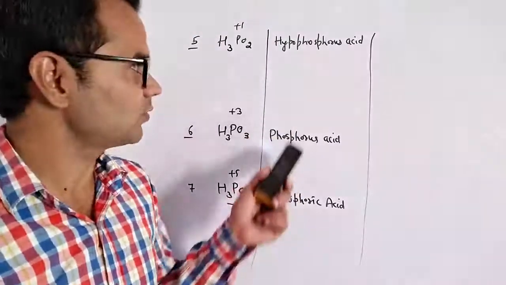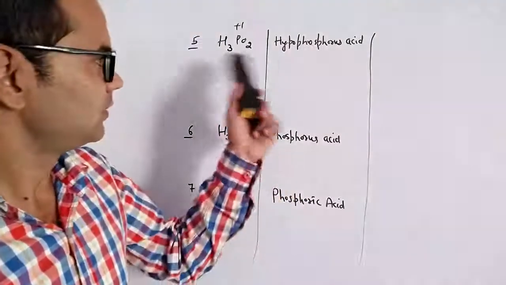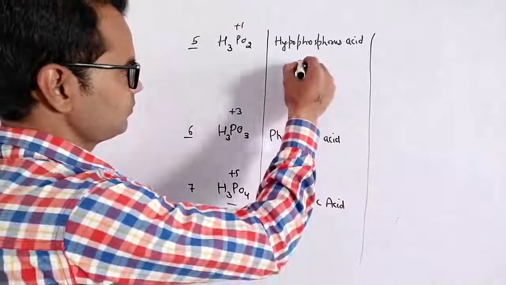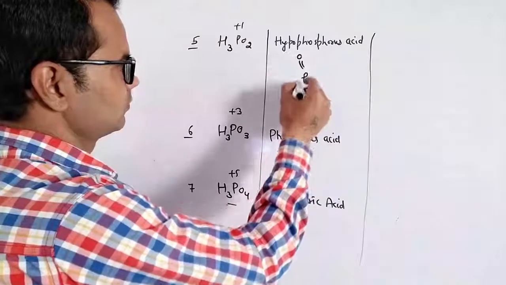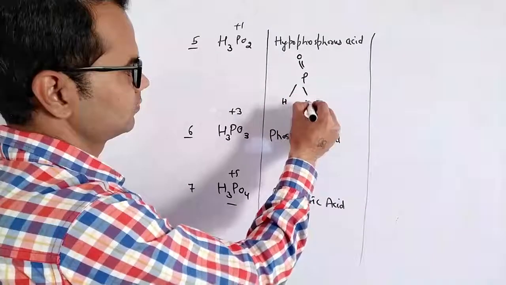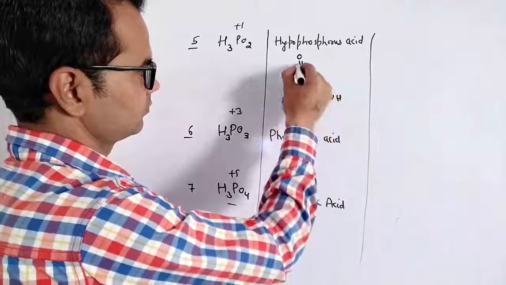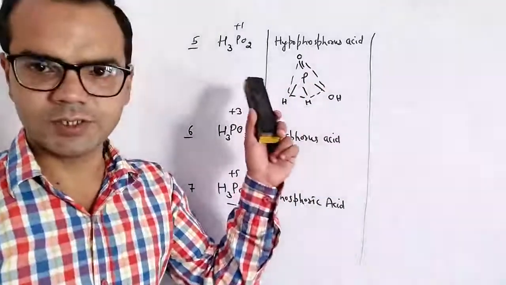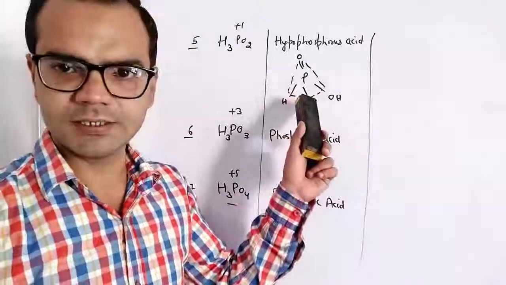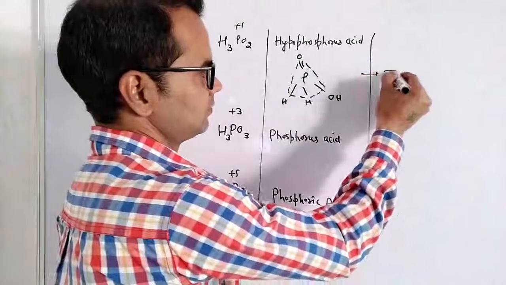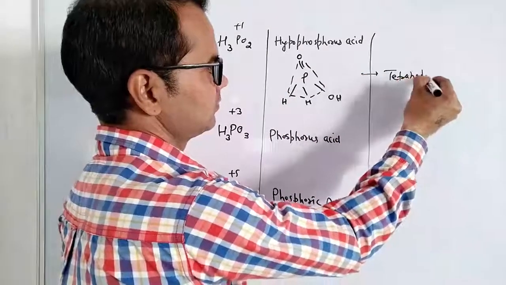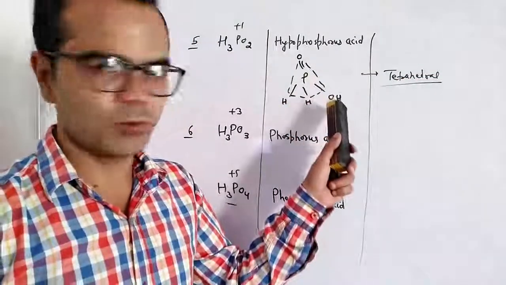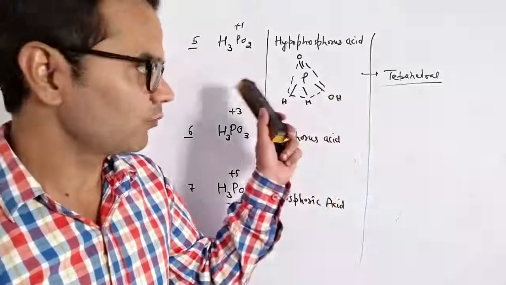Now what are the structures of these acids? So H3PO2 is tetrahedral in structure. One thing to be noticed, there is one OH bond, so its basicity is 1.